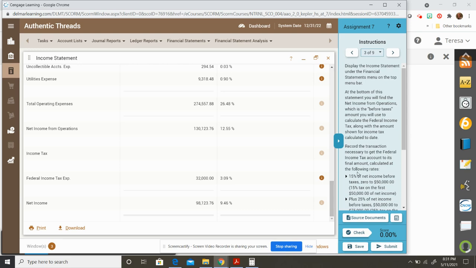All right. Then we are going to record the transactions to get the federal income tax account to its final amount calculated at the following rates. So at this time, I want you to stop and get out a piece of paper and your calculator. We have made $130,123.76.